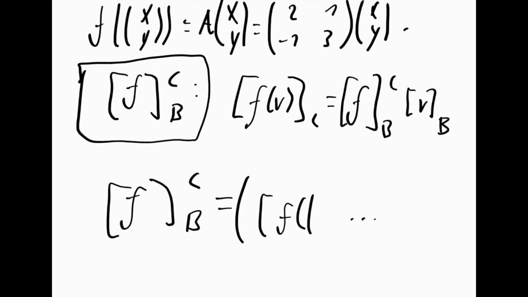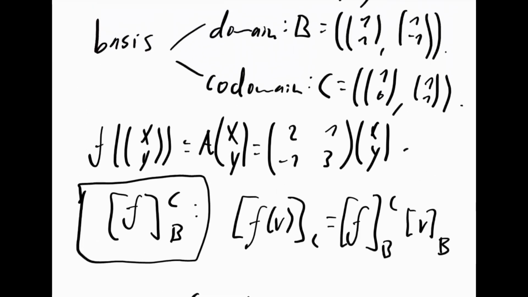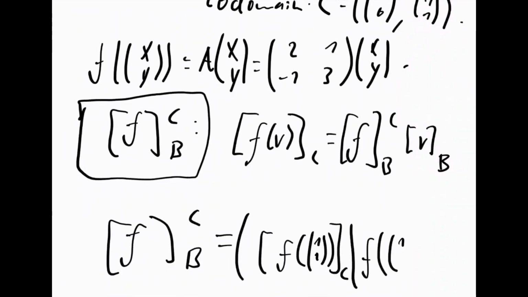So it's f of 1, 1, all in respect to C, and then the second column is f of the other vector of basis B, 1 minus 1, again in respect to C. That's the whole point.